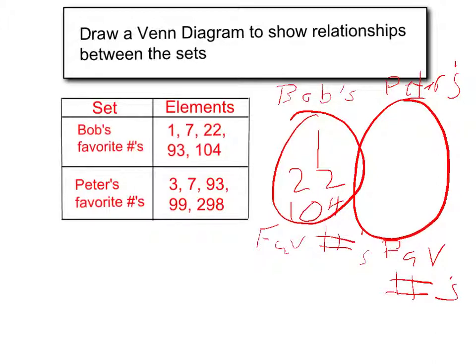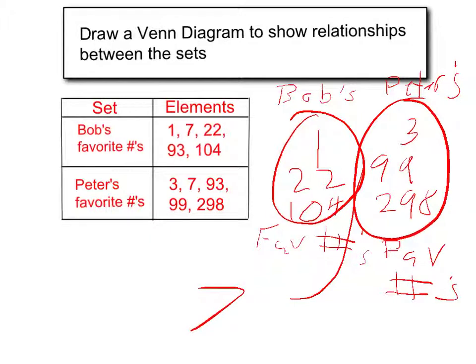Then get Peter's favorite numbers that only he likes in the other bubble, 3, 99, and 298. Then we take the numbers they both like and put them in the middle, 7 and 93. There we go, we have completed our Venn diagram. Now to the next slide with John!